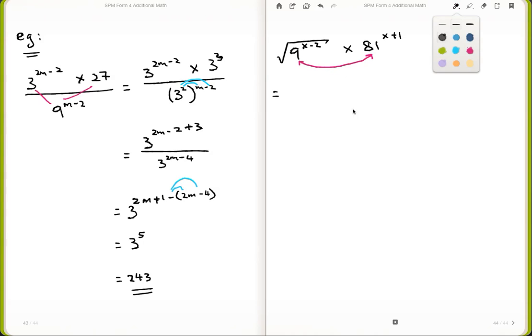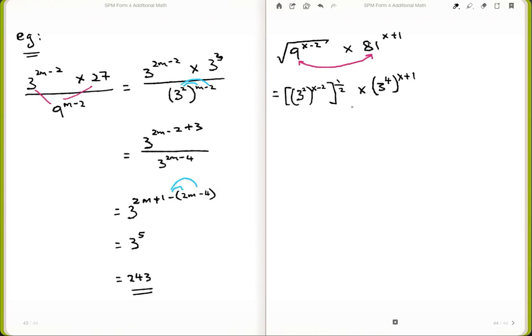Lowest common factor. You should be good at it by now. So this one is 3 power 2. So I would say maybe it's 3 power 2, to get 9. This is x minus 2. This is 1 over 2, square root is half. Then this is my times. In order to get 81, it's 3 power 4. This is x plus 1.